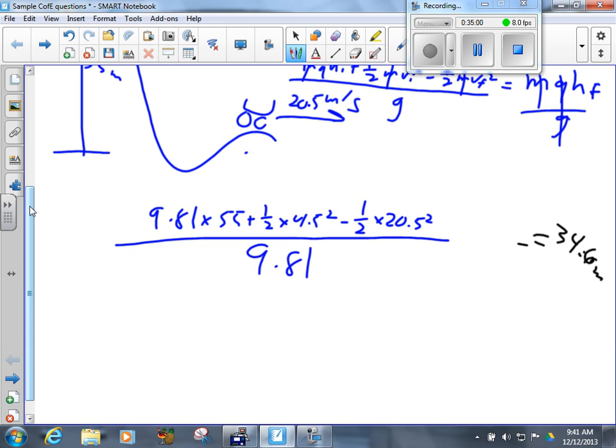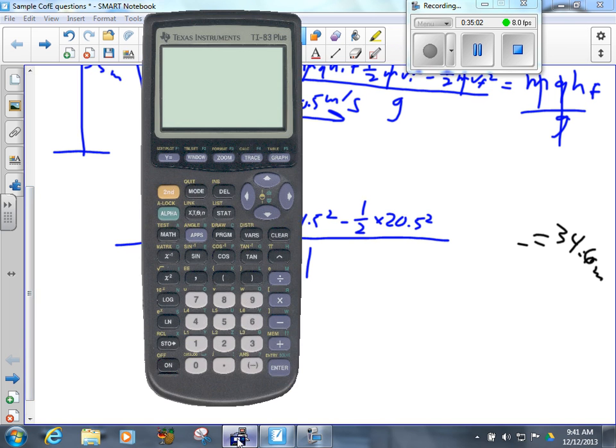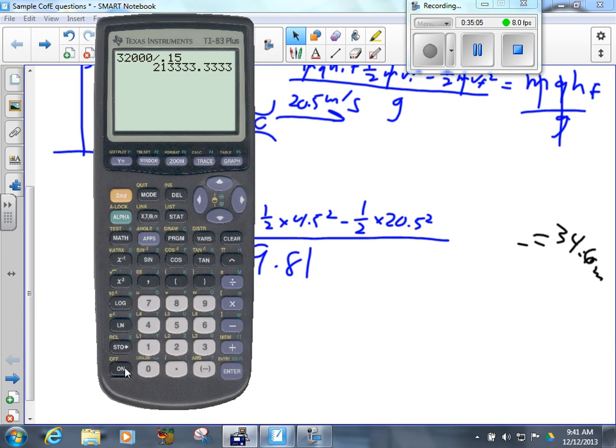When we do that, we should get 34.6, but we'll double check. 9.81 times 55 plus 0.5 times 4.5 squared minus 0.5 times 20.5 squared, divided by 9.81 gives 34.6 meters.